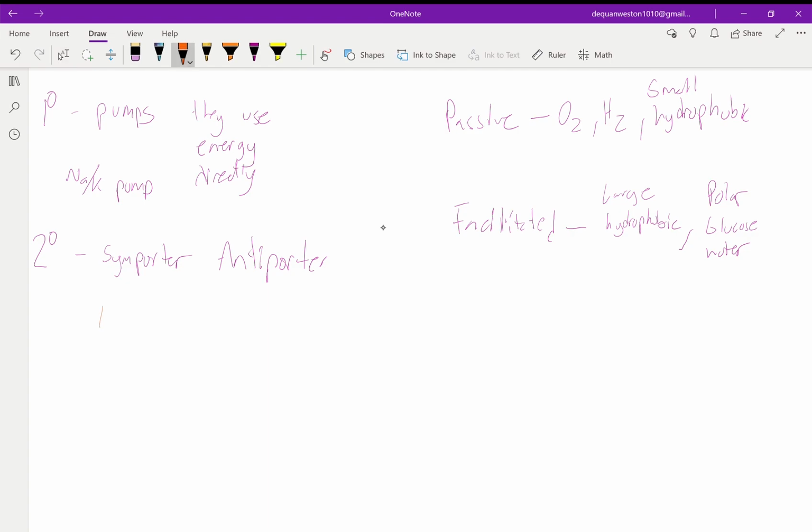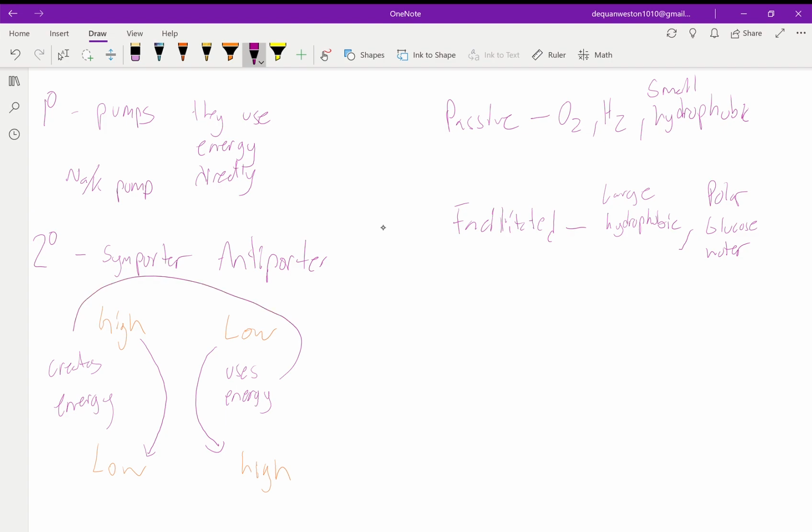So what is spontaneous? This high to low is spontaneous, and it's going to create energy. This low to high is not spontaneous. And it's going to use the energy created from this high to low to bring this one in.